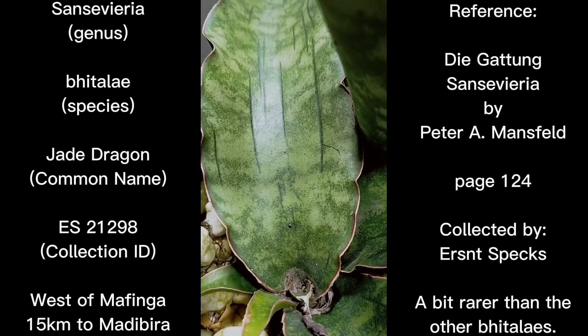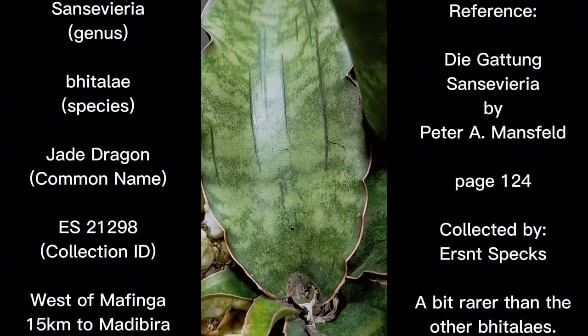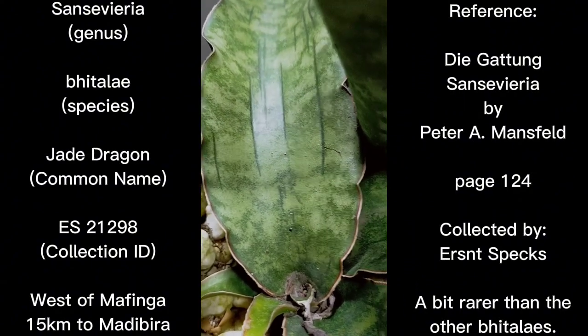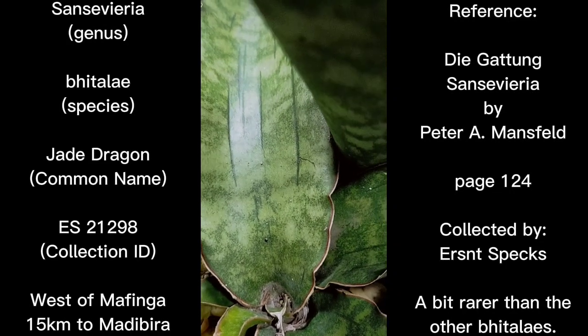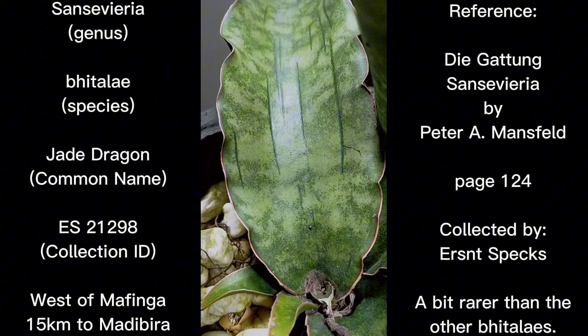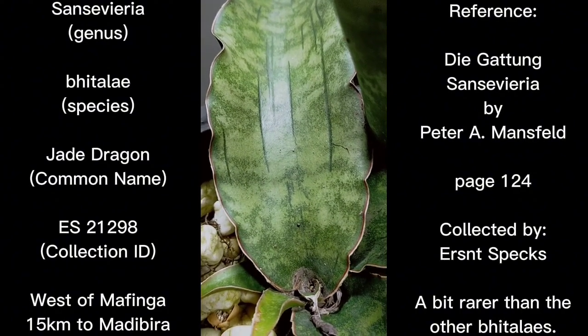They just tag it as 15 kilometers. It is not even the Jade Dragon or the ES21298. So we do not know any KM12 Sansevieria or KM15 Sansevieria. Whoever made that up, we do not acknowledge it, and we're not using it as a Sansevieria ID.